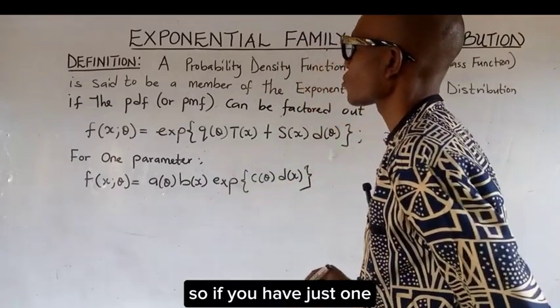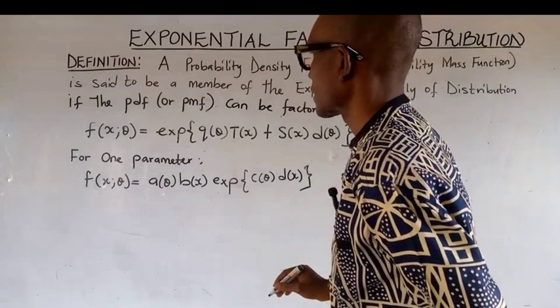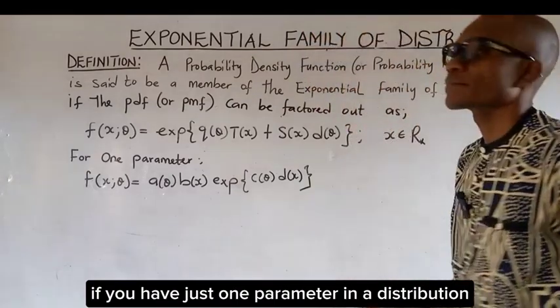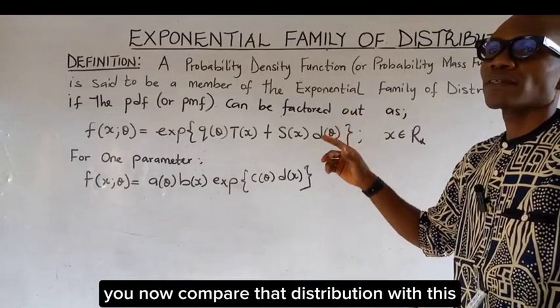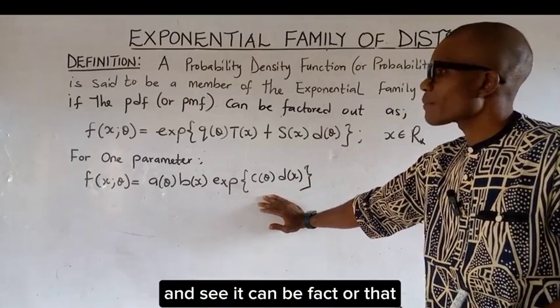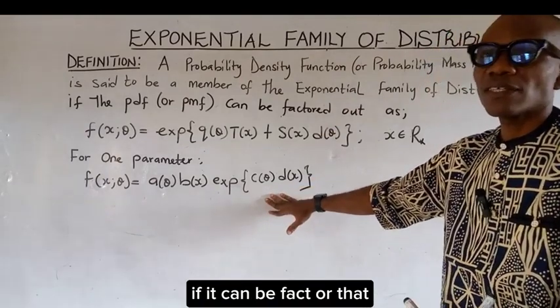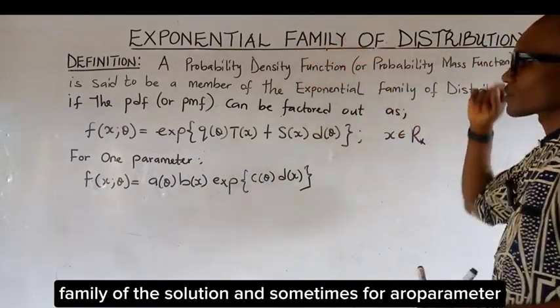So if you have just one parameter in a distribution, you now compare that distribution with this and see if it can be factored out. If it can be factored out, then you know that distribution belongs to the exponential family of distribution.